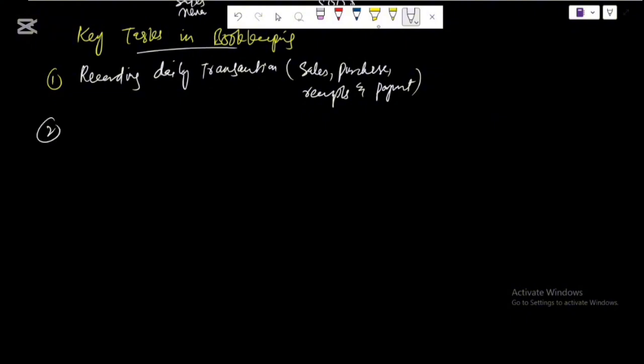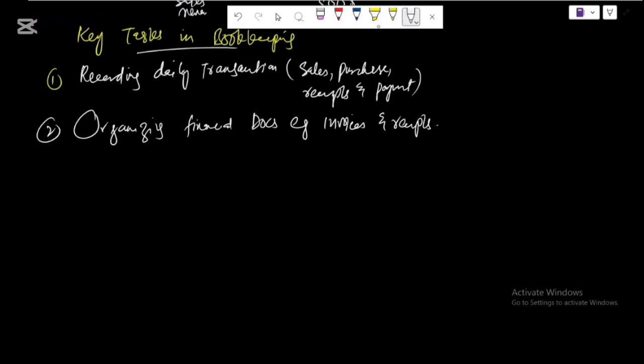The second task in bookkeeping is organizing the financial documents like your invoices and receipts. Clear? The third task is maintaining ledgers for different accounts.